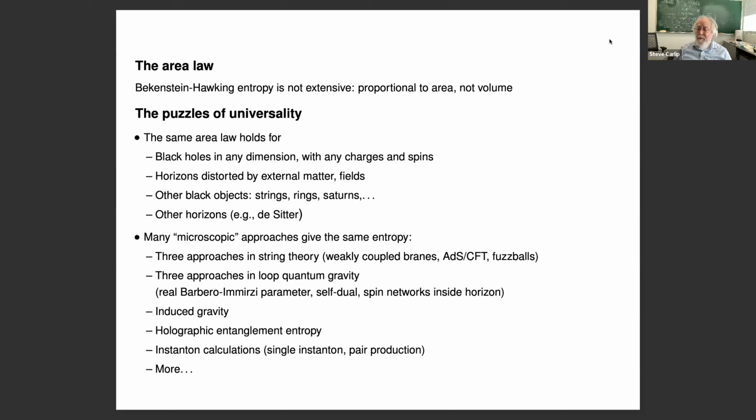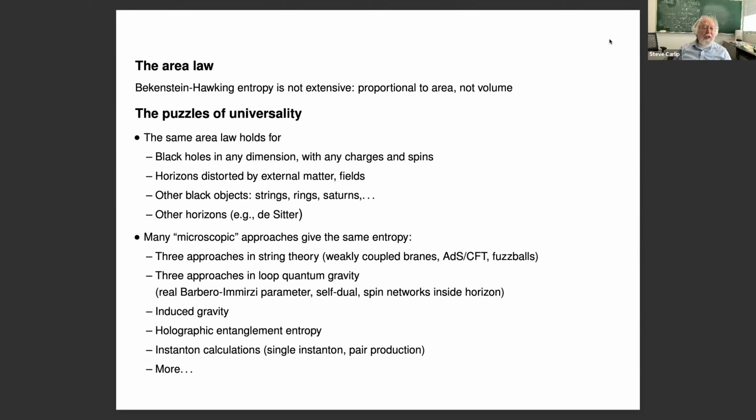You can't take a black hole and cut it into two subsystems and ask how to add their entropies. But it's a puzzle, especially if we want to explain the entropy in terms of microscopic degrees of freedom. It's not obvious why the number of degrees of freedom should depend on the area and not the volume.